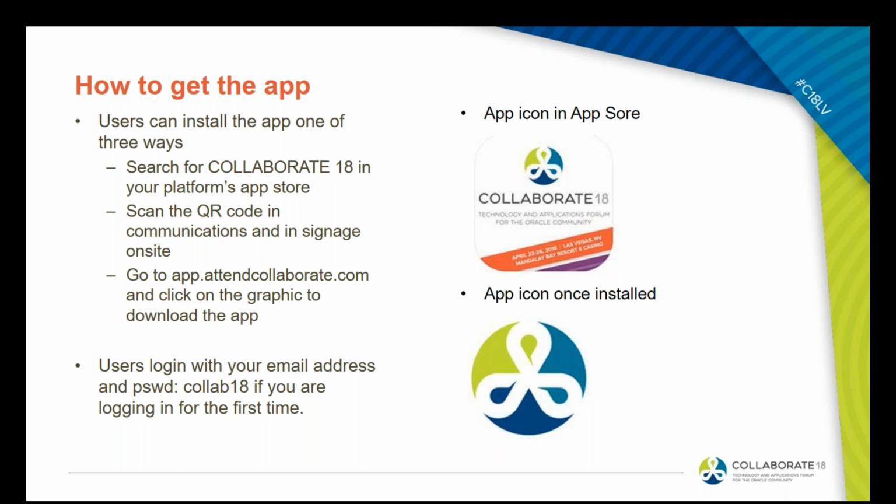In order to log in, you'll use your email address and the password collab18. If you're logging in for the first time, after that it'll ask you to reset. And again, on the right-hand side are what the images look like, so you can get familiar with those.